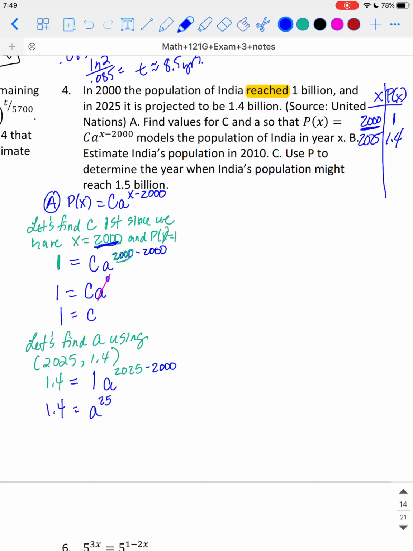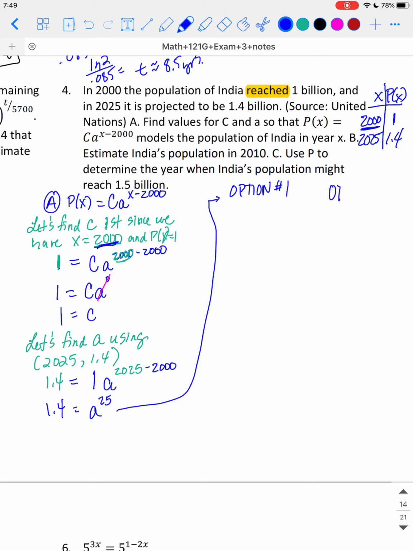The A is not by itself. I have it raised to the power of 25. How do I get rid of that 25? I know someone's saying by erasing it, but that's not how you do it. There are two answers, and I'm going to put them over here. They both mean the same thing, but if math is in your future, I need you to know both of these.